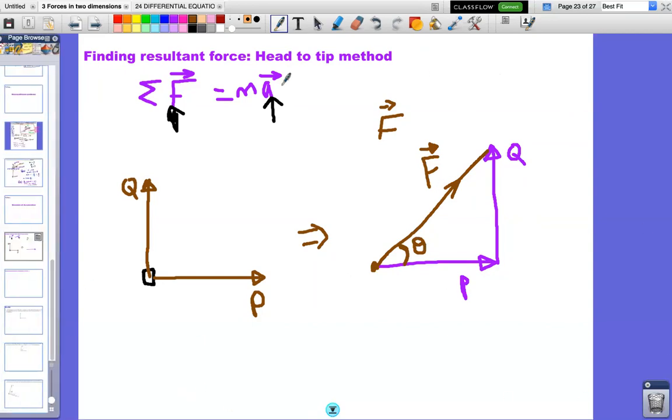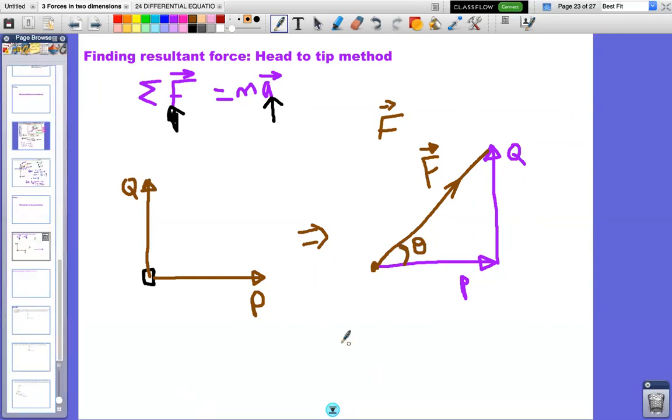From this diagram, we can see that the resultant of P and Q, if P is horizontal and Q is vertical, then the magnitude of F must be equal to the square root of the magnitude of P squared plus the magnitude of Q squared, right? In other words, this length squared plus this length squared should be that length squared.